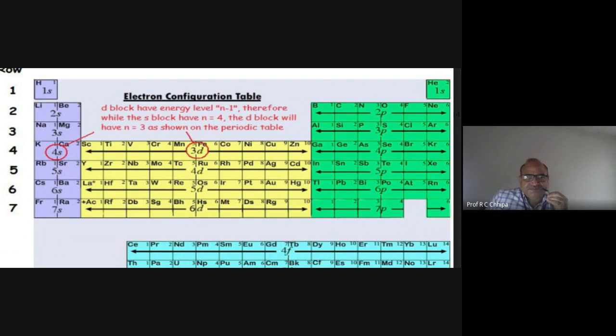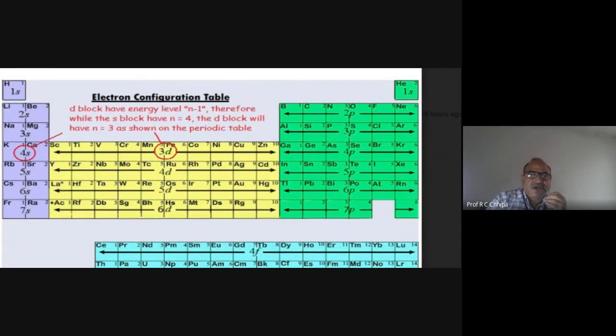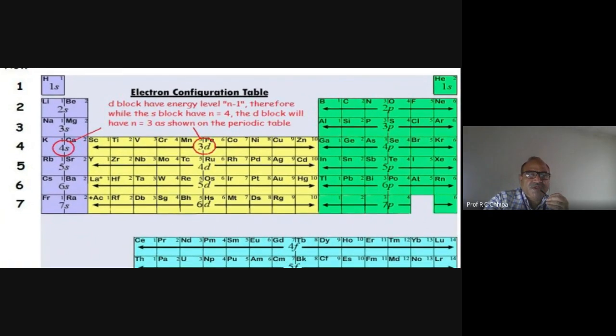In the third period, we have sodium, magnesium, aluminium, silicon, phosphorus, sulfur, and then chlorine and argon. Now we have the fourth period here, the 4s, where we have 4s1, 4s2.